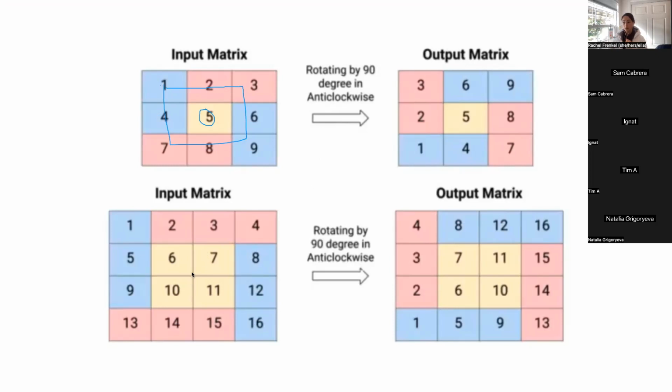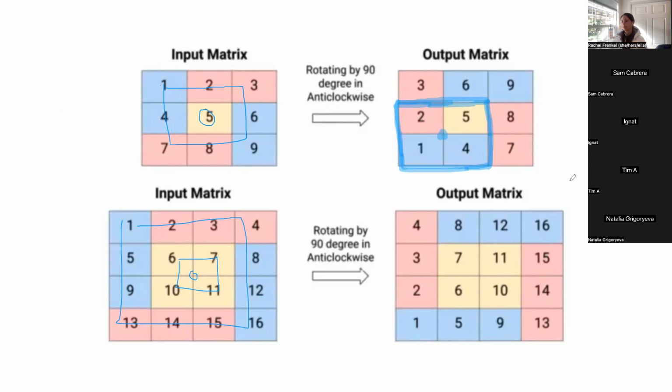In a 4 by 4 matrix, here's the center. There's 1, 2 layers. If we had a 2 by 2 matrix, and we're just looking at this here, here's the center of the matrix.